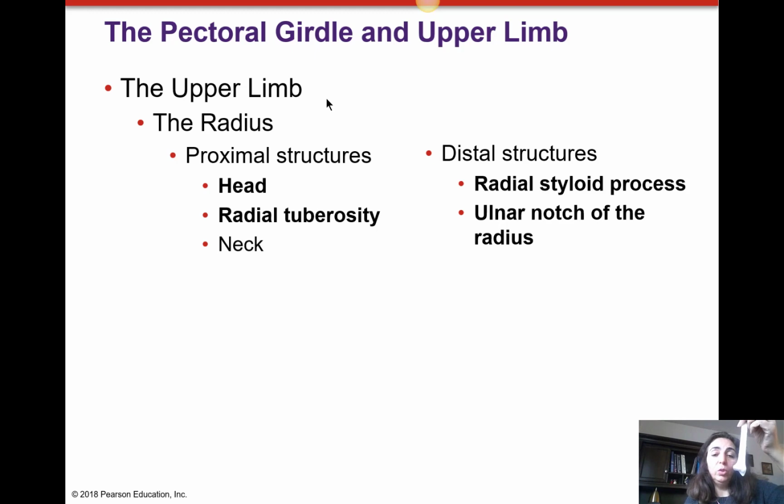Then you have the ulnar notch of the radius. That's the part of the radius that the lower part of the ulna is going to attach to. So that is the place that the ulna is going to attach to the radius in the lower part, right?